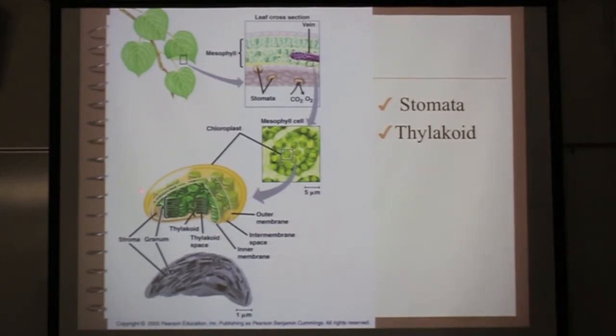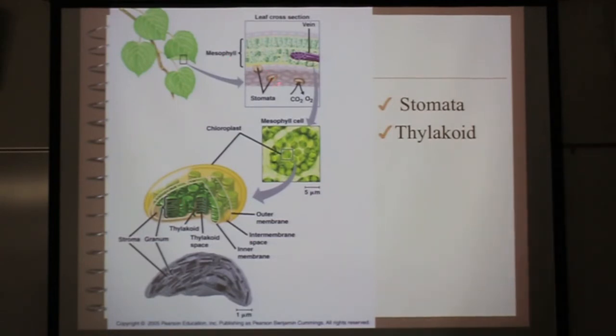You'll notice that the chloroplasts, kind of like the mitochondria, have extra layers of membranes, outer membranes and inner membranes, and then inside there are these little disc-looking things called thylakoids. We're going to talk about those and how they're involved with photosynthesis.